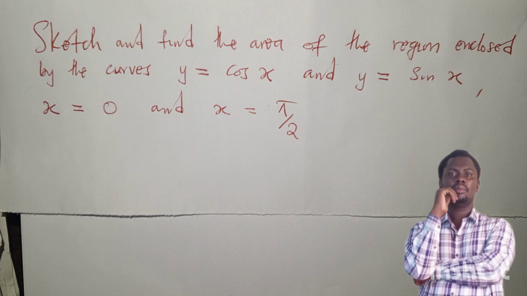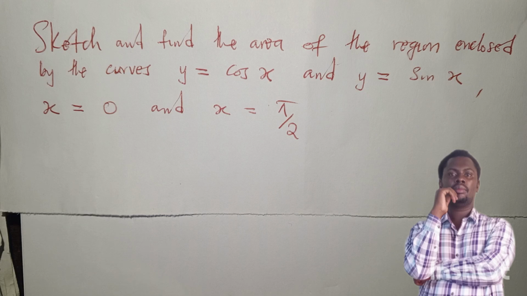Sketch and find the area of the region enclosed by the curves y is equal to cos x and y is equal to sin x, bounded by x is equal to 0 and x is equal to pi over 2. Okay, so today's question is on application of integration.